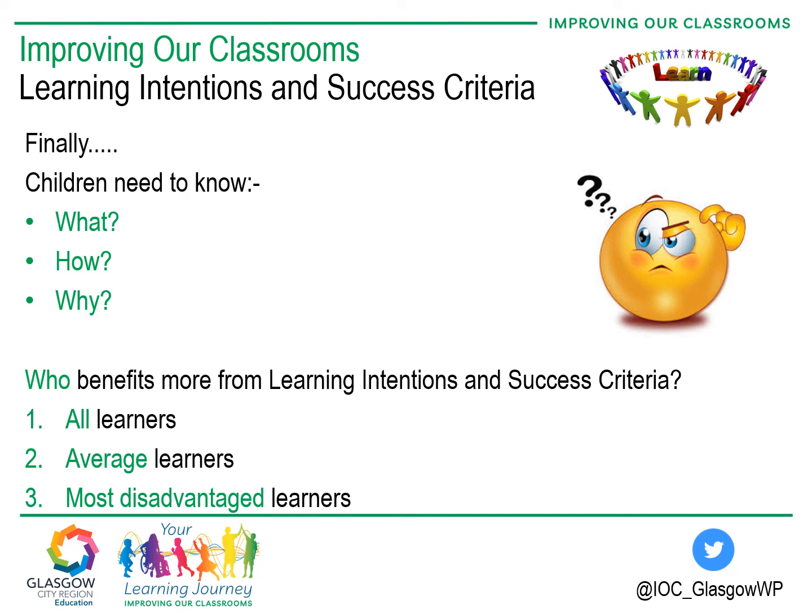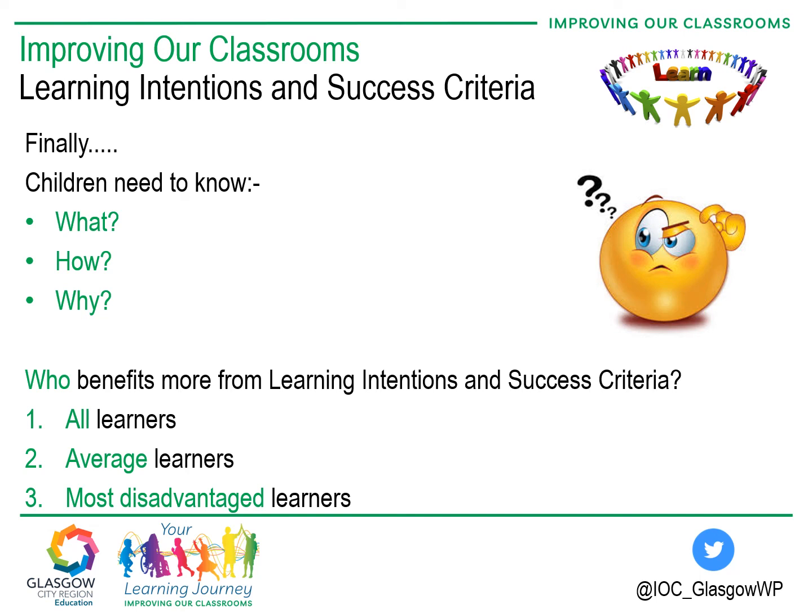And learning was increased and attainment did rise in the class, not surprisingly, who did have the opportunity to take part in lessons where they were supported by learning intentions and success criteria. But more interestingly, there was a distinct group of learners who benefited most from this. So who was it that benefited most from this group that I have here?